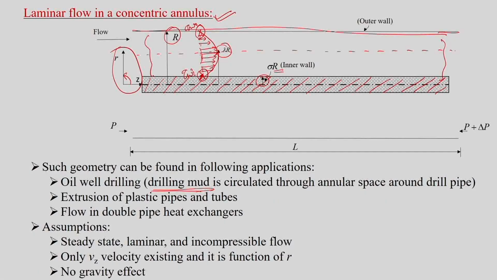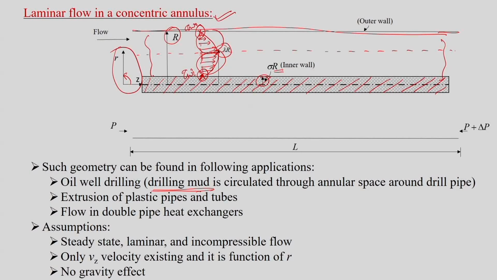That means within one annular region we have two kinds of flow regions: one where the velocity gradient is positive, between sigma r and lambda r, and another where the velocity gradient is negative, between lambda r and capital R. This makes the problem a little more difficult to solve analytically compared to flow through a single pipe.